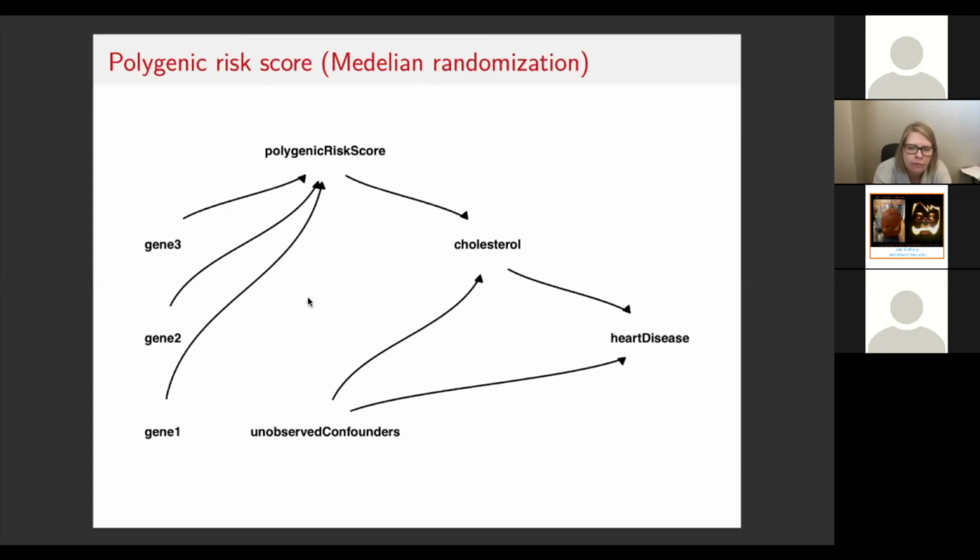And together, it could be a reasonably good predictor of cholesterol. Forget the risk score, think of it as a predictor of cholesterol that you can learn maybe with a lot of outside data.